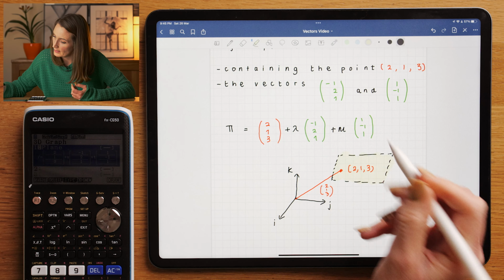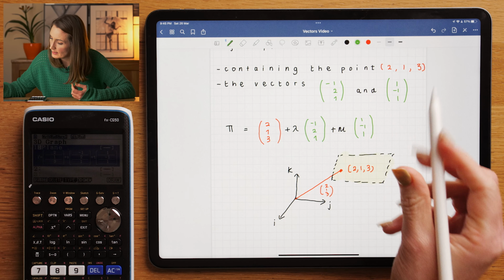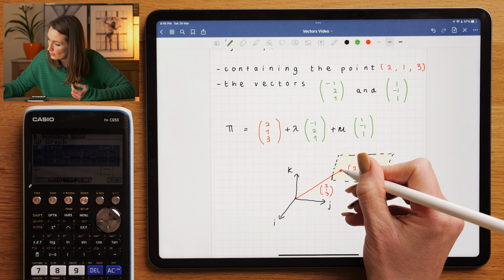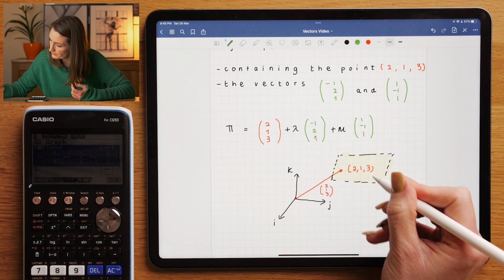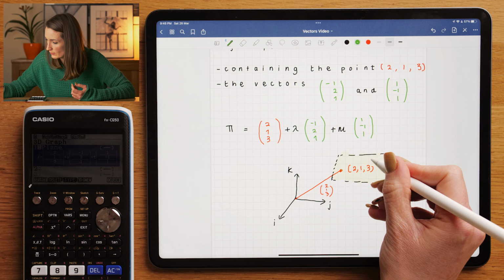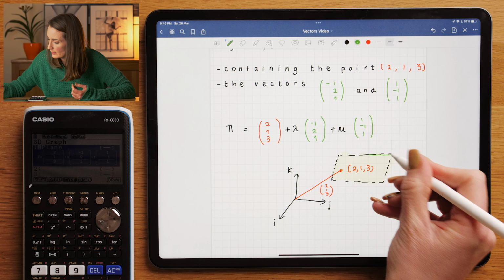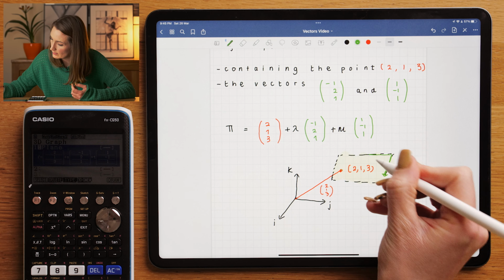Okay, imagine that's what our plane looks like. And we know that the plane is generated by multiples of these two vectors. So I'm just going to draw these two vectors here and here.